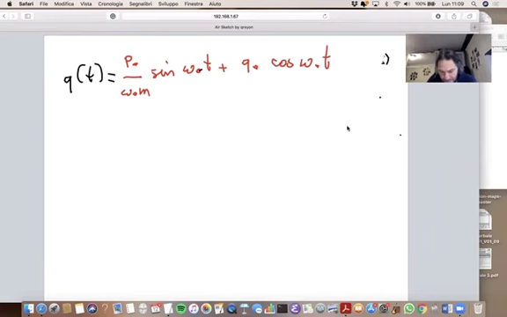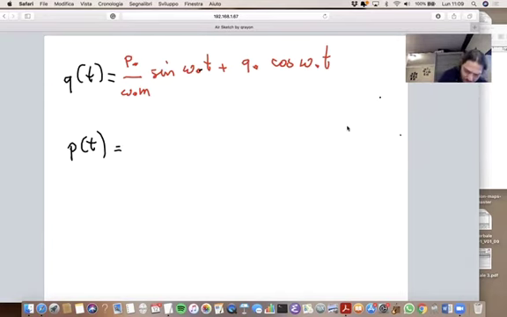I was able to find a unique solution so that if I know the initial position and velocity or momentum, then I know the position at any time. And of course, I also know the momentum at any time by taking the time derivative and multiplying with the mass.